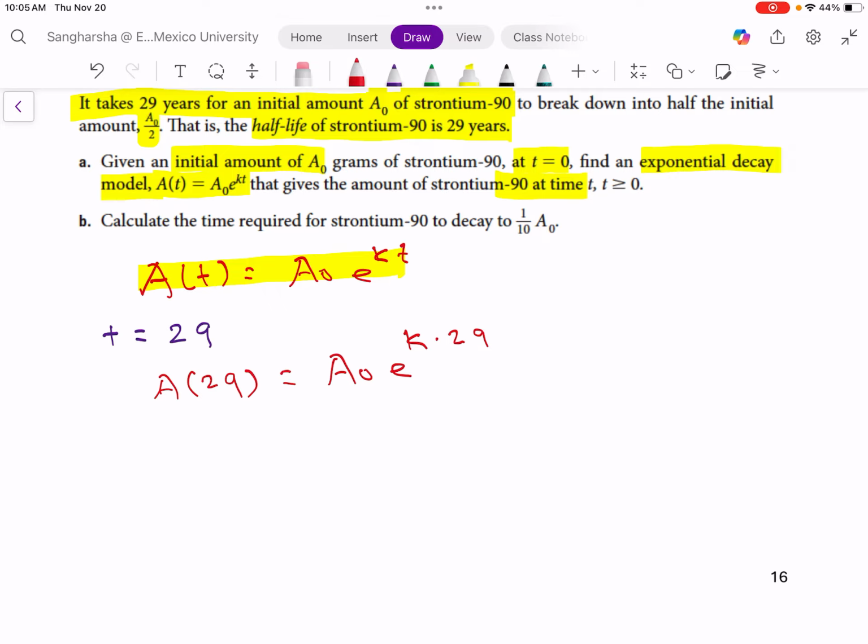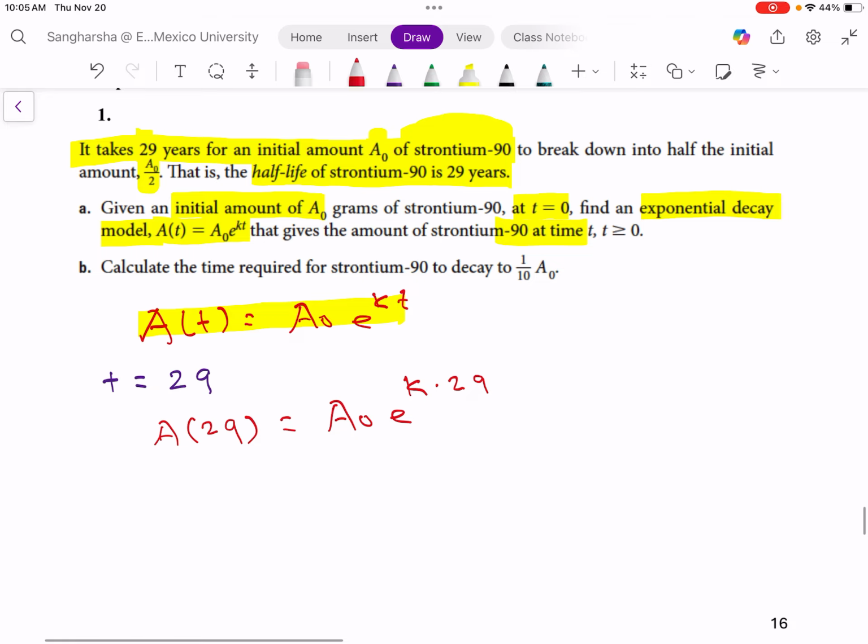From the very first statement, strontium 90 is an element, and that element takes 29 years to break down into exactly half. For example, if you have 20 grams of strontium 90 now, after 29 years from today, that 20 grams will be 10 grams.